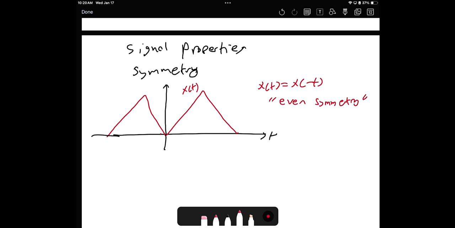So keep in mind, this is symmetry with the y-axis. Right-hand side and left-hand side are exactly the same, so these are symmetrical.